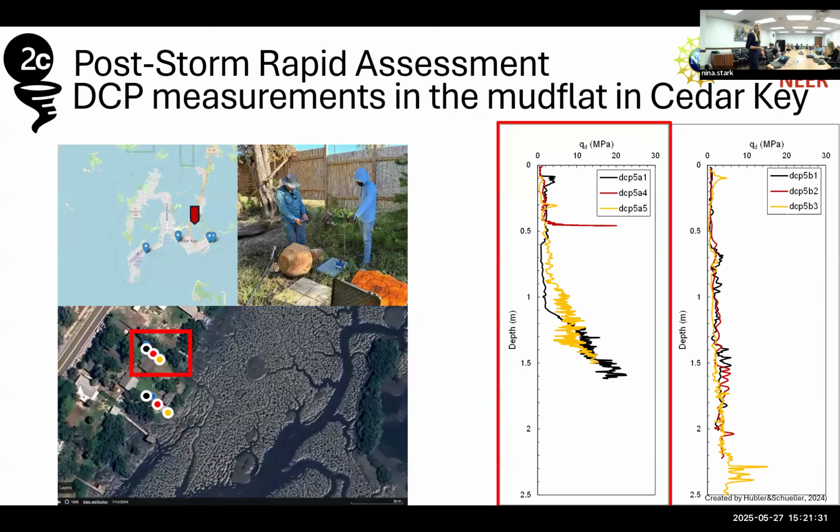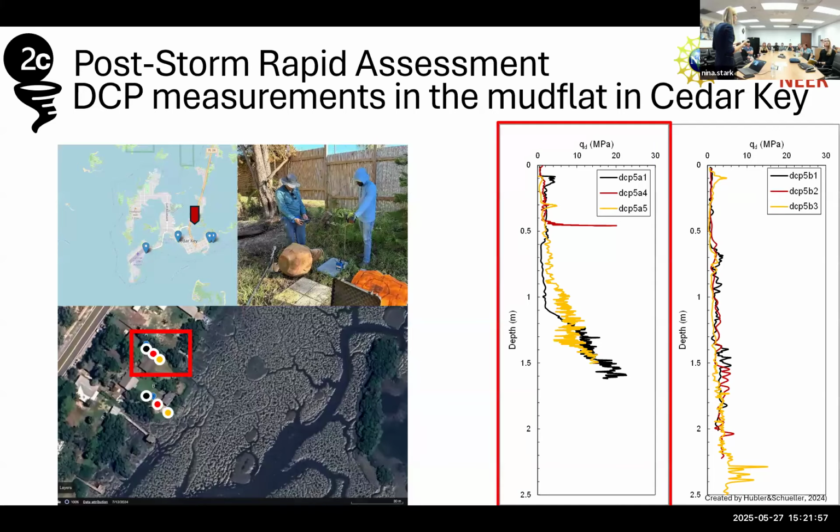Additionally, we collected some data closer to the houses, 3 points relatively close together, as you can see here in this box. Here we hit a root, so that was not working very well with the red line. With the other 2, we were able to get deeper into the soil, and we hit a stiffer layer around 0.8 meters.